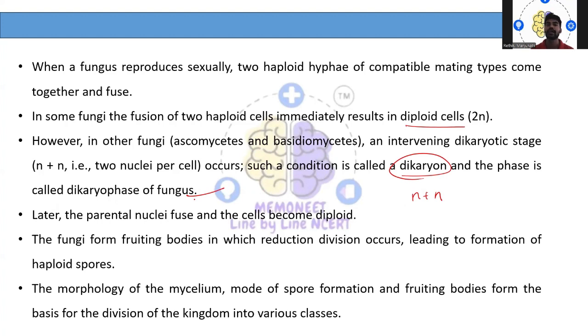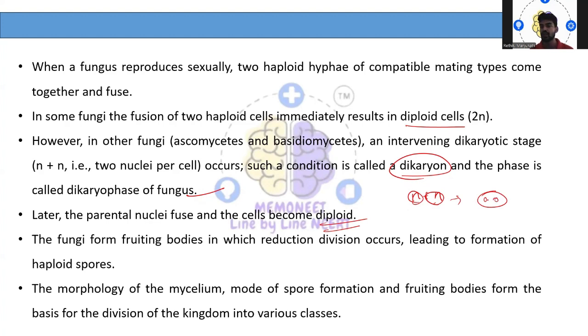Later, the parental nuclei fuse together, becoming diploid. In some fungi there will be an interval of time: even though the two haploid cells fuse together, in the cell you will be seeing two different parental nuclei.